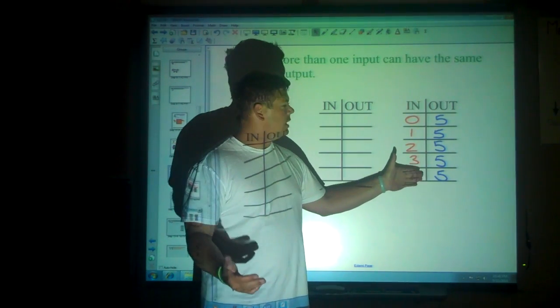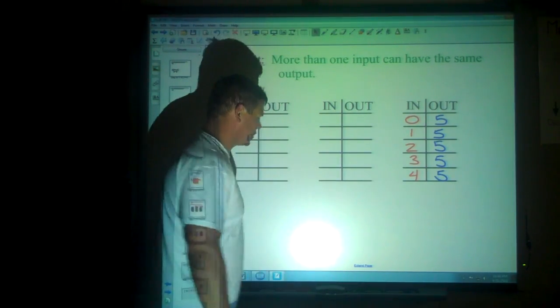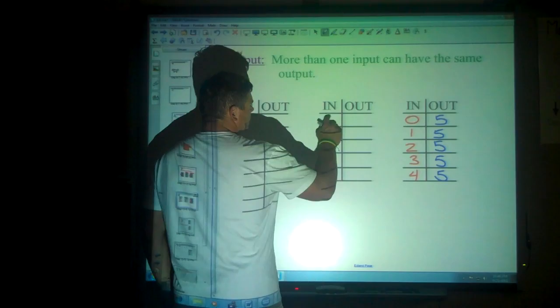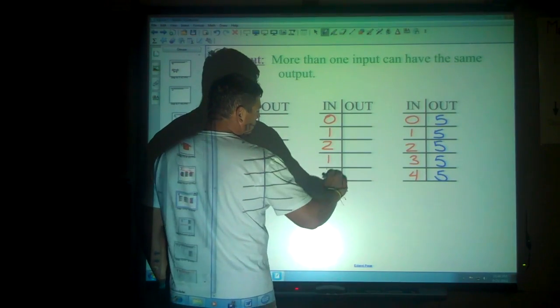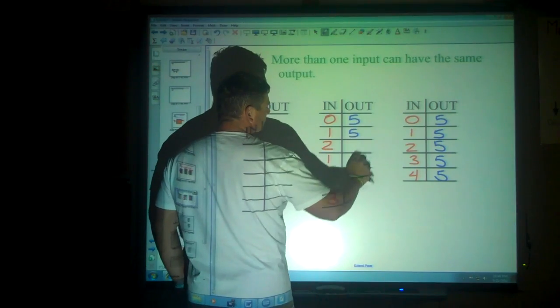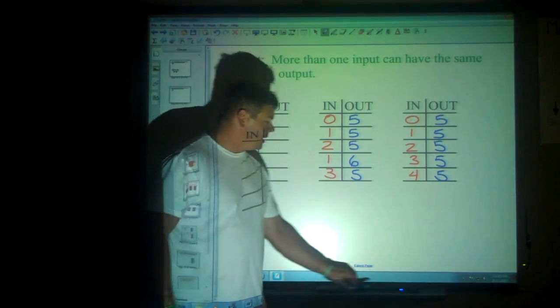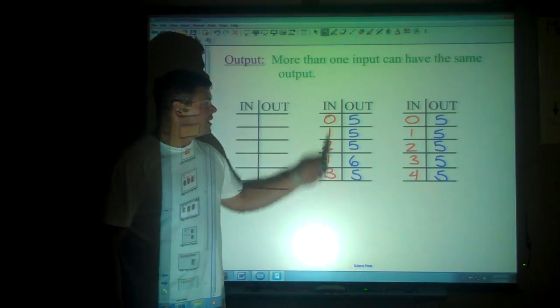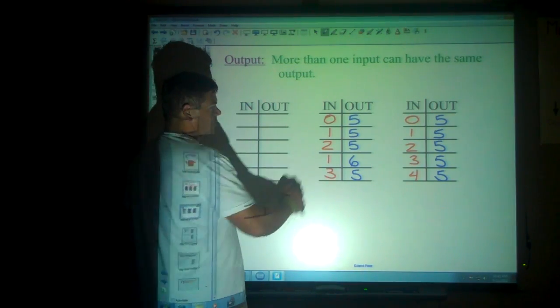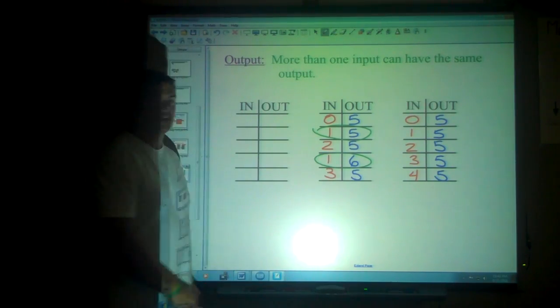That's perfectly legal. What would be a problem is if there was a 1 and then later on a 1 that had a different answer. Like this. Let's say it was 0, 1, 2, 1, 3. And you had 5, 5, 5, 6, 5. This would not be a function. And it's not because there's a whole bunch of 5s. It's because this one had a 5, but this one had a 6.